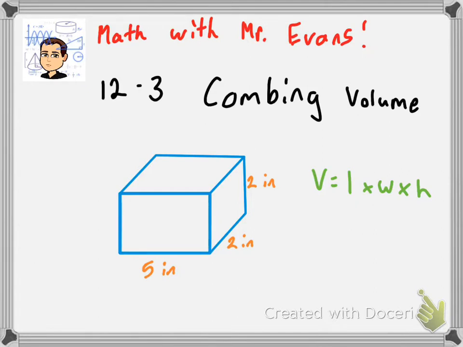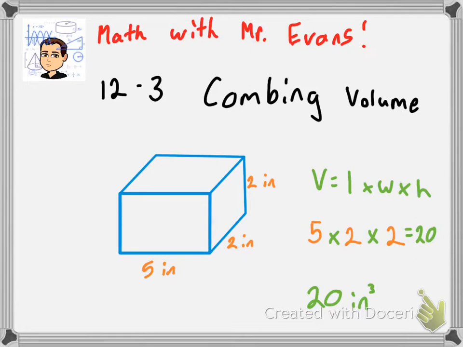So you can do it either way. Our length is 5, our width is 2, and our height is 2. So 5 times 2 times 2 equals 20. Our answer for this cube is 20 inches cubed. Remember, the little 3 just means cubed. It means we're talking about volume.